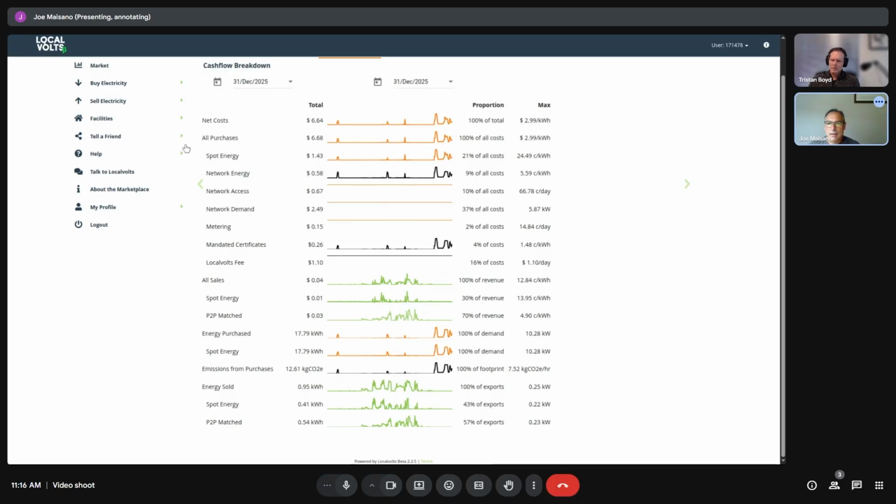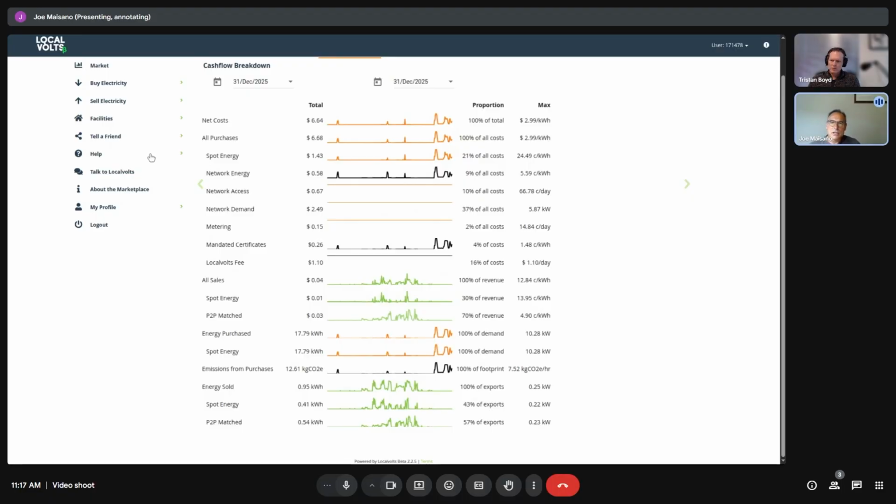Now, we then break down all our purchases and all our sales into subcategories. We can also see we have dollars and cents here, and kilowatt hours down here. So I imported 17.8 kilowatt hours during the day, and I exported just under 1 kilowatt hour. So not a lot at all.